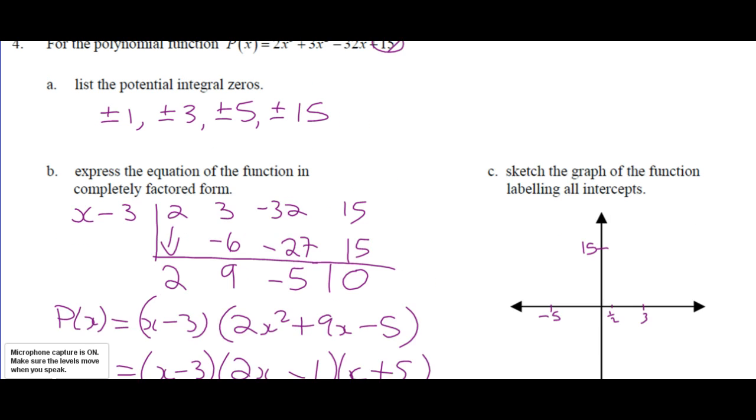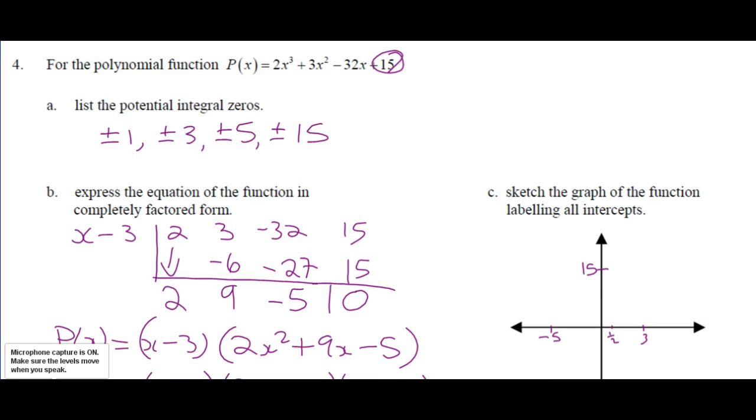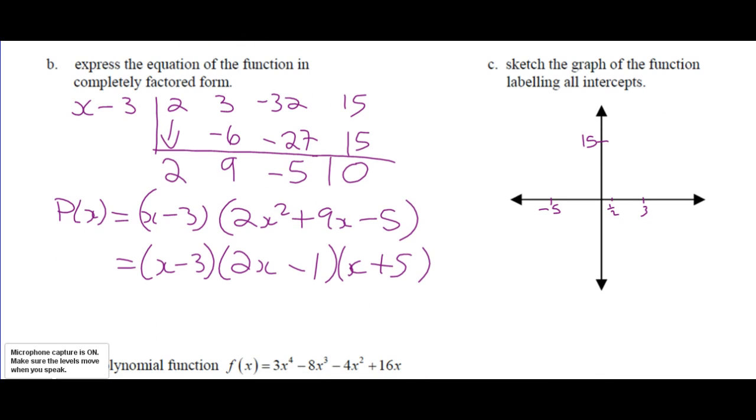This is a cubic. It has a positive leading coefficient, so what's it doing here? Well, it's down in 3, up in 1, right? So we're starting from down here, and we're doing something like that, right?